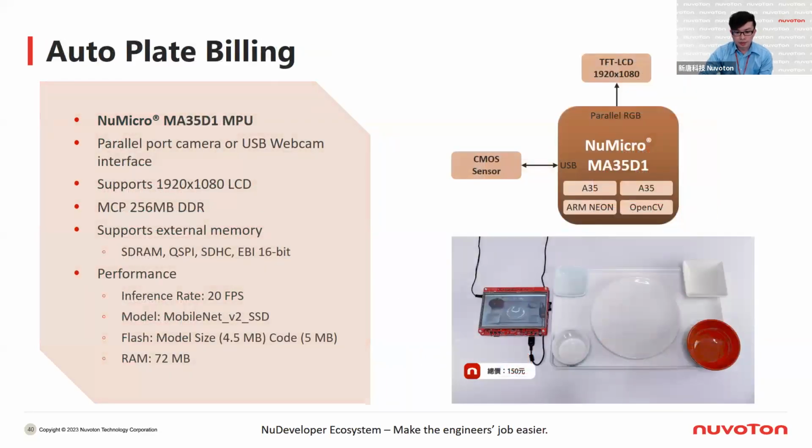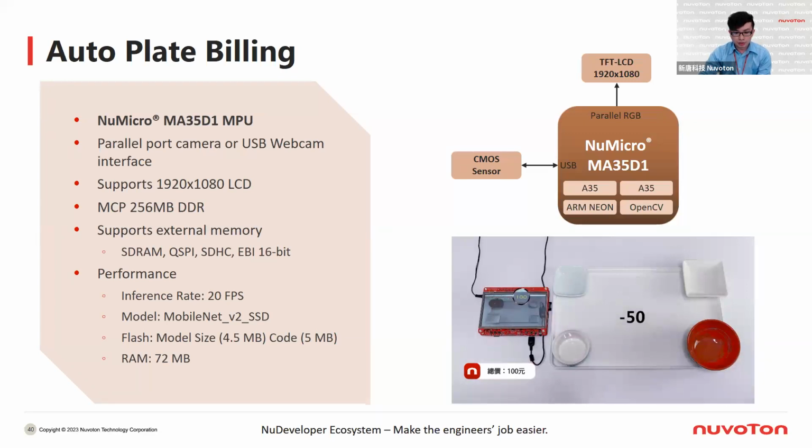In this slide, we have an automatic plate billing example created using the A35D1 NPU. As you can see in the video on the right, it detects the current dish on the plate and calculates the price.